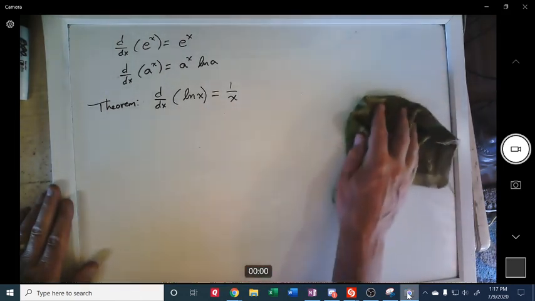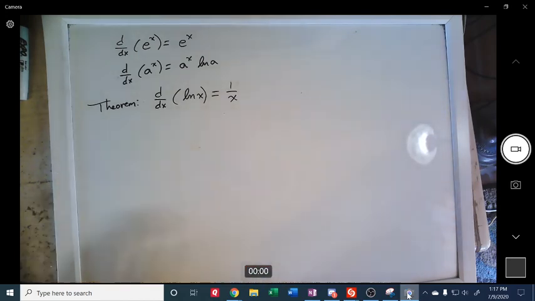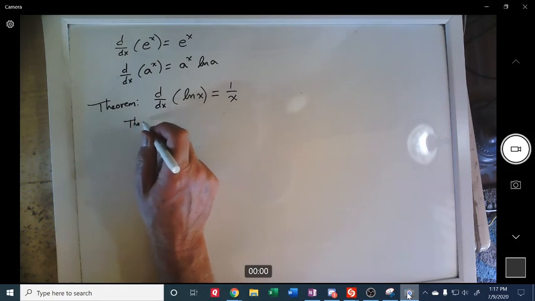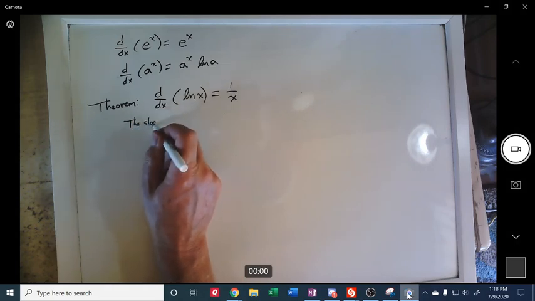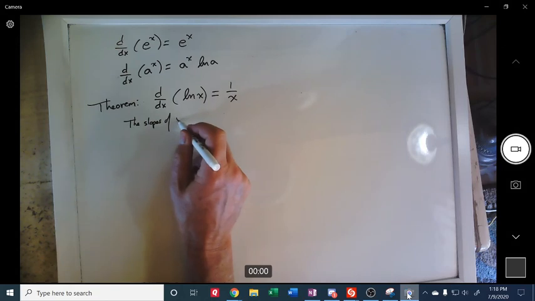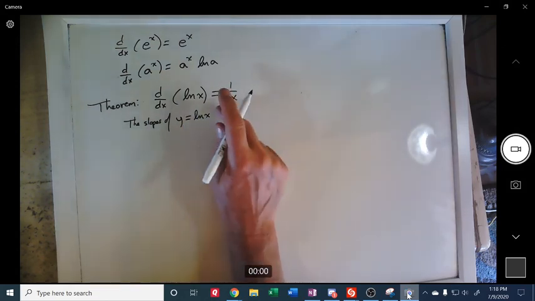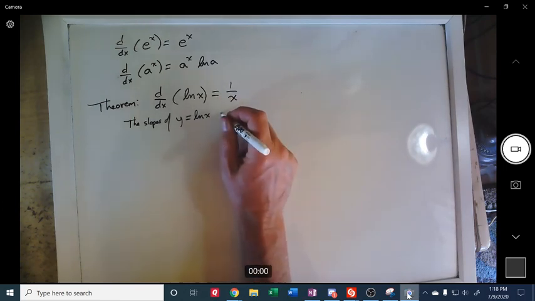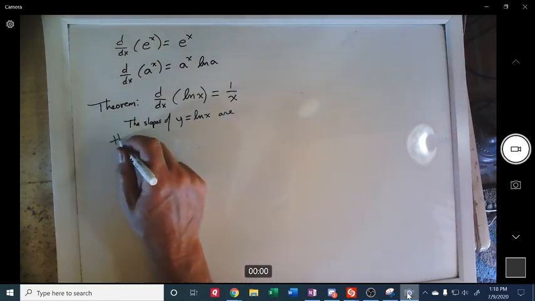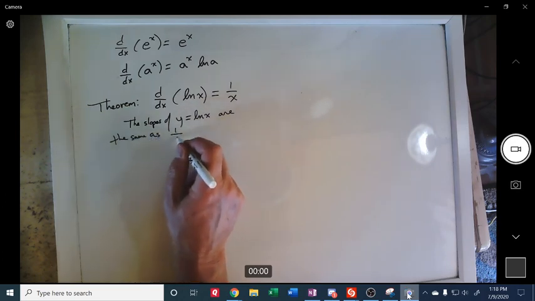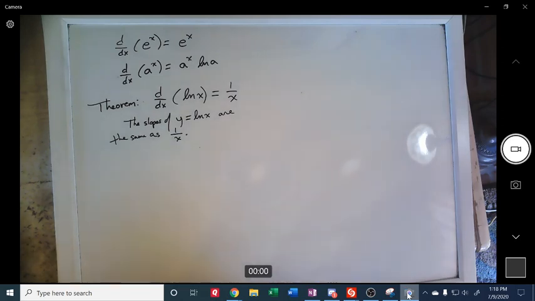So we have, now, think of this as the slopes of y equals ln x are the same as the reciprocal of x, 1 over x.